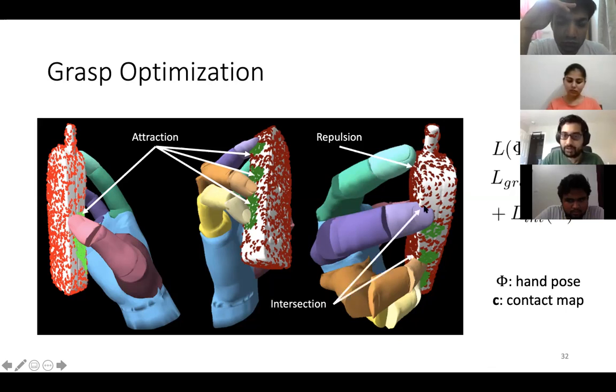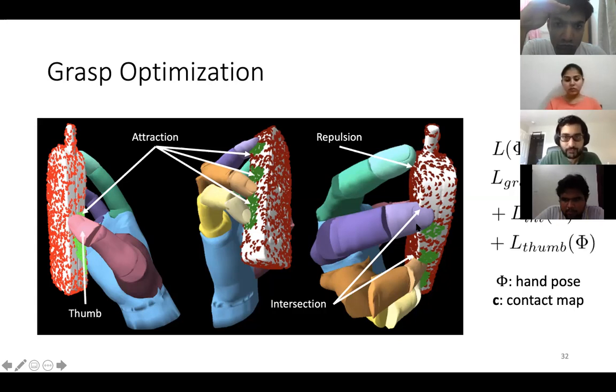And then there is a term which discourages intersection of the hand inside the object, because we know that the hand cannot go inside the object. So there are these different terms, and then the optimization procedure tries to optimize the various joints. All these joints of the hand are variables, and those variables are being optimized so that this attraction, repulsion, and intersection are correct.